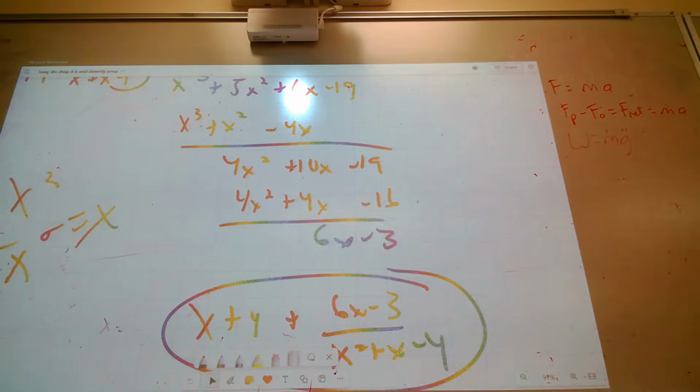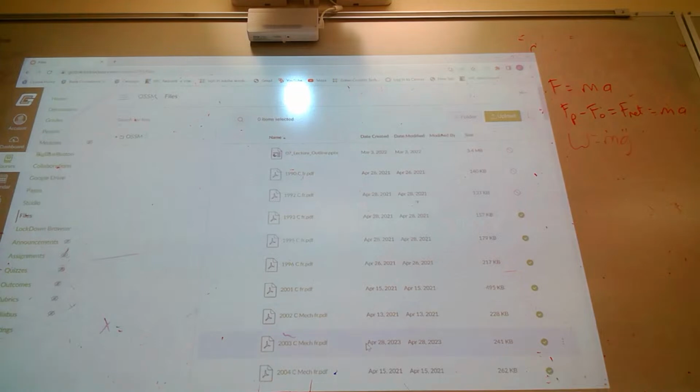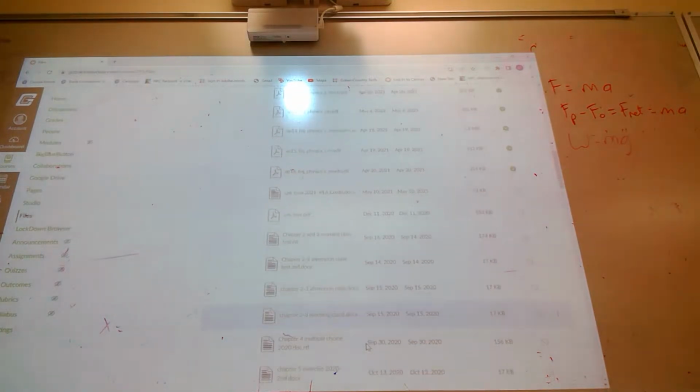We didn't talk about the lab. This lab is a complex one. So if you go to Files in Canvas, you will see Newton's Law Lab.